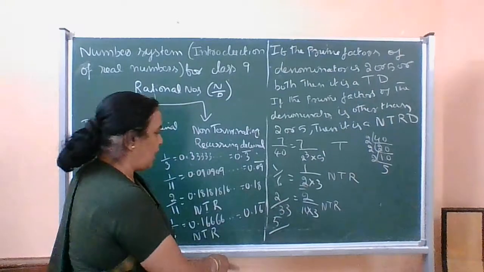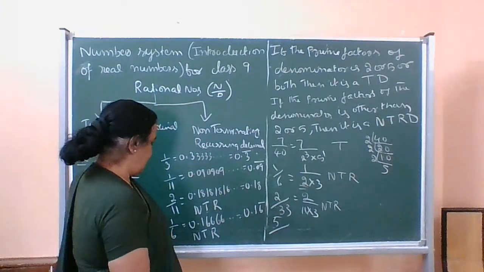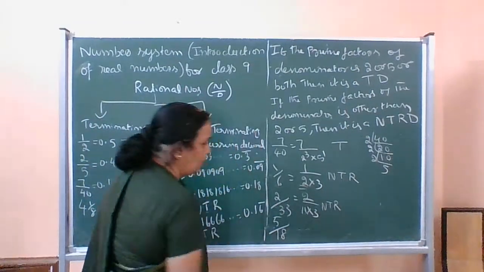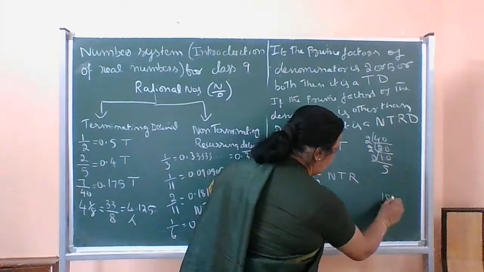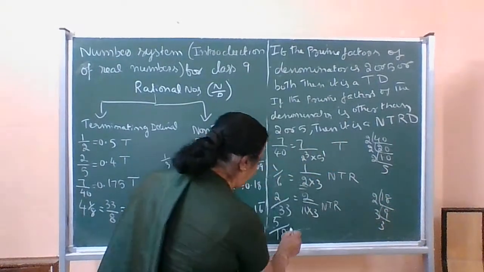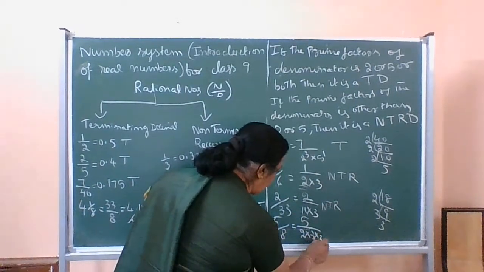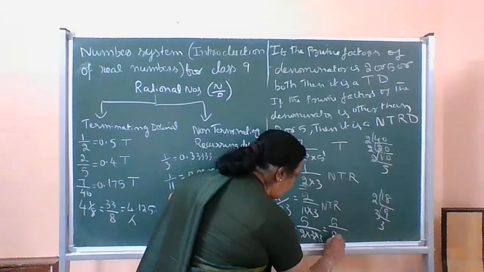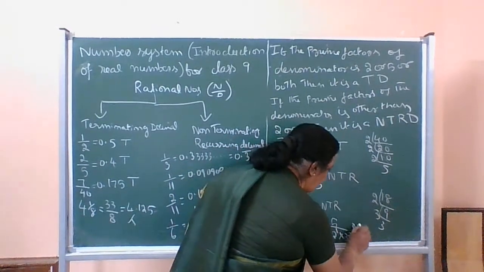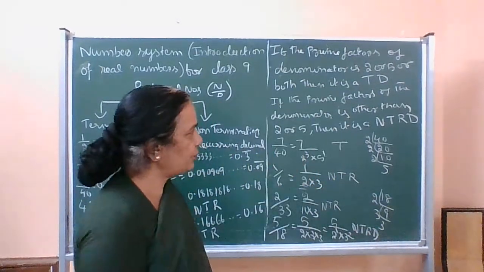We have to consider only the denominator. Prime factors of 18 are 2 nines are 18, and 9 is 3 and 3. Therefore, 5 by 2 into 3 into 3, that is 5 by 2 to the power of 1 and 3 to the power of 2. Therefore, it is a non-terminating repeating decimal.